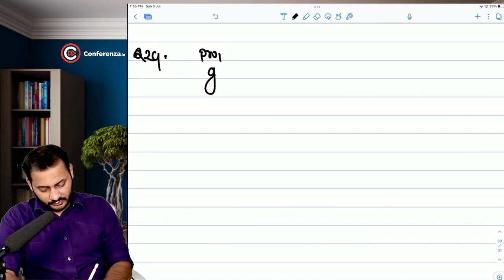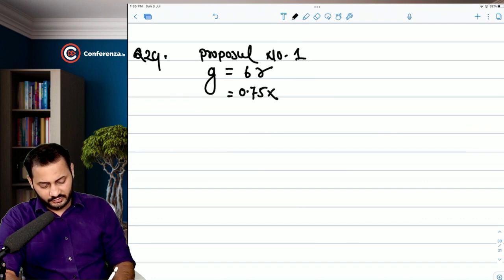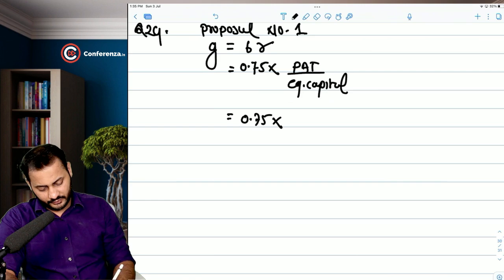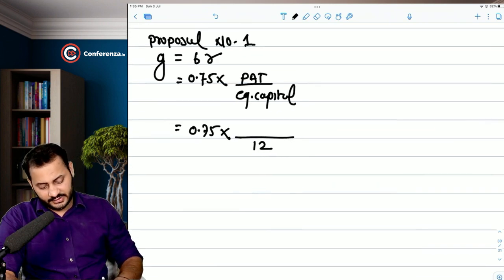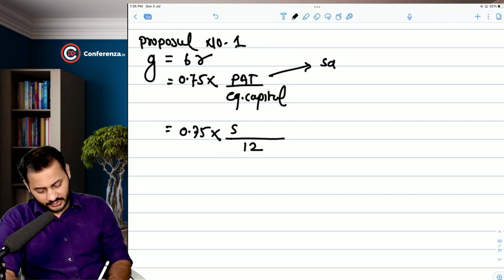Growth, proposal number 1. I will go in the opposite direction so that you will understand the steps. B into R. We have B as 0.75. For R we need profit after tax divided by equity capital. Am I right? Then 0.75 into, we have the equity capital as 12 in the question directly. Profit after tax can be calculated as sales into net profit margin.